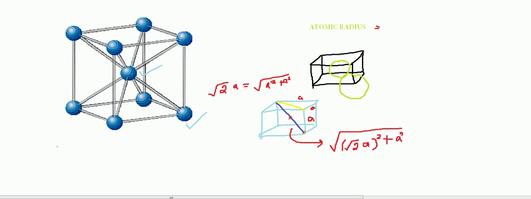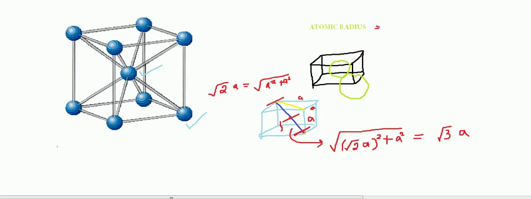So what is the violet line value? This value is root 3a. So root 3a is the distance between this part and this part. If I half it, if I divide it by 2, then I get the distance between this part and this part.